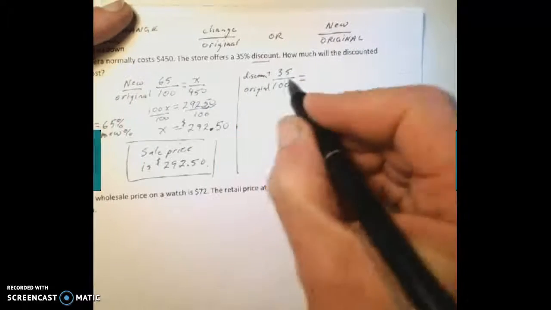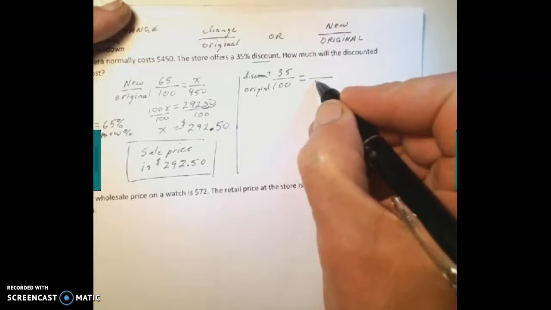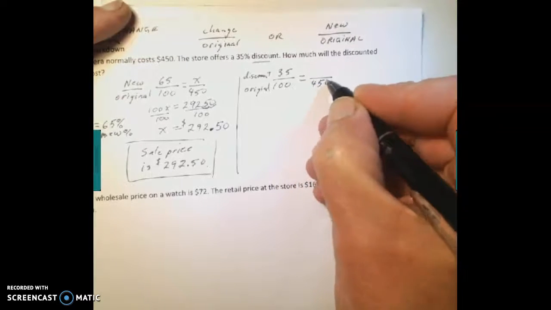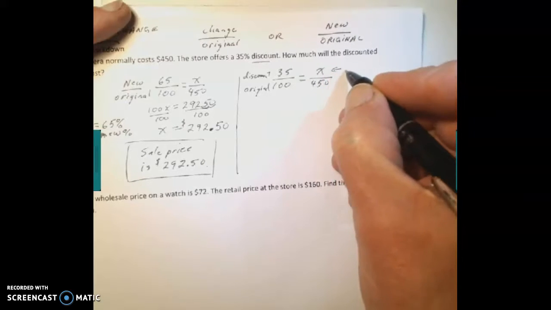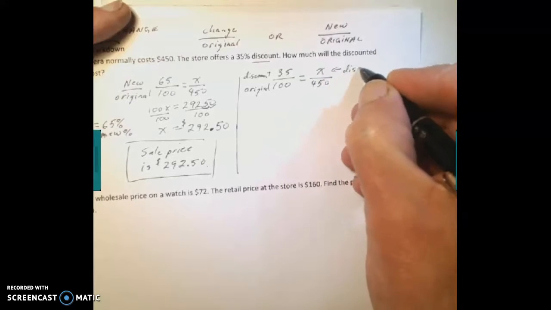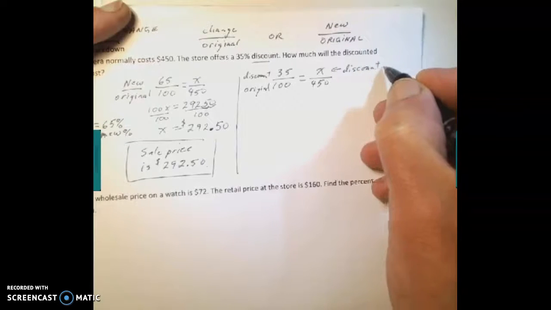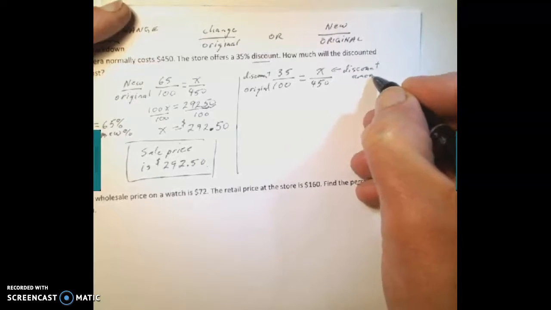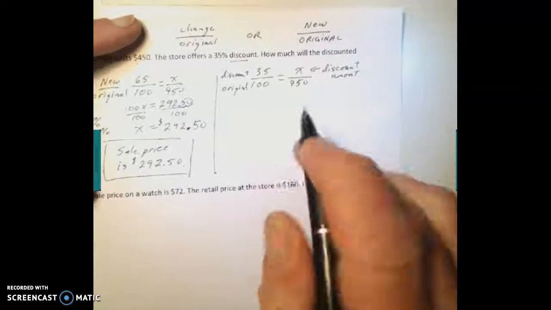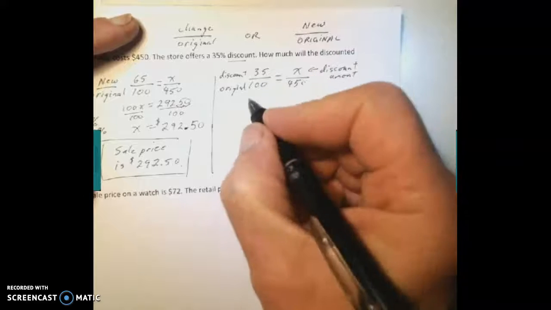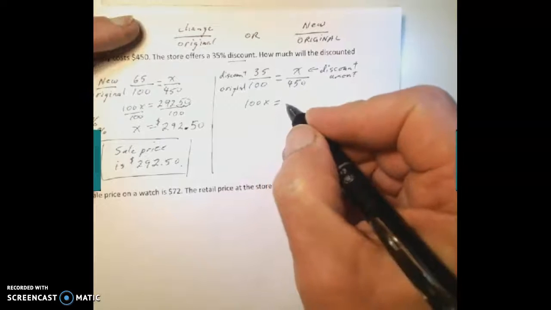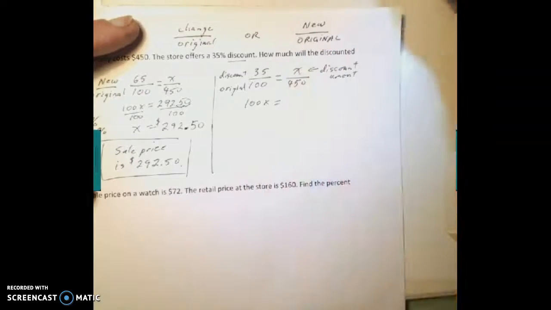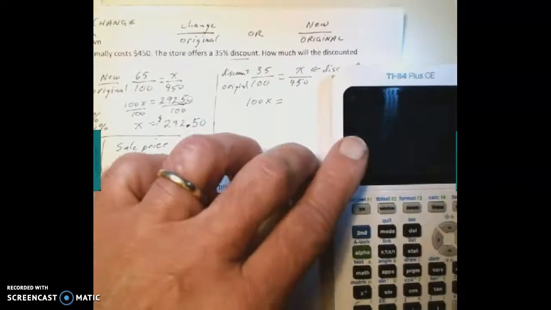And so now, if you put in the original cost of the camera, $450, this is going to be the discount amount.